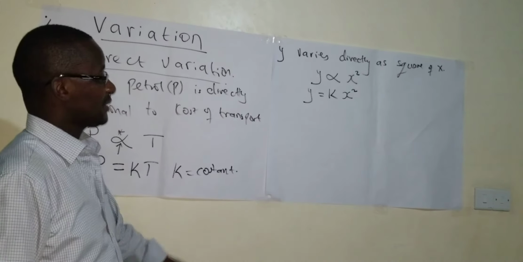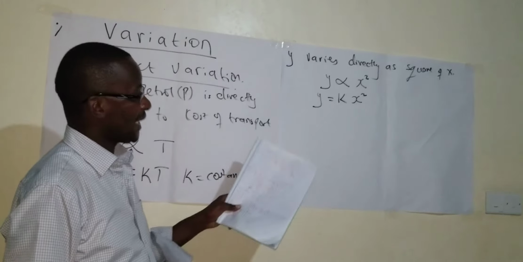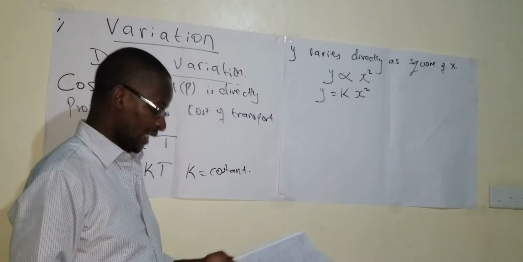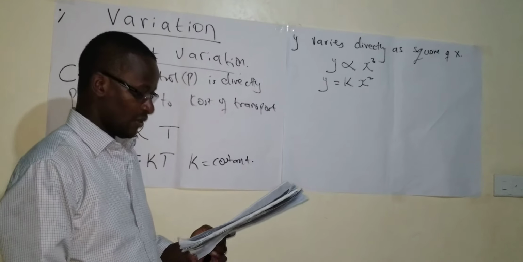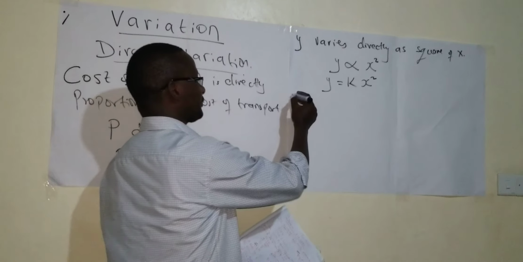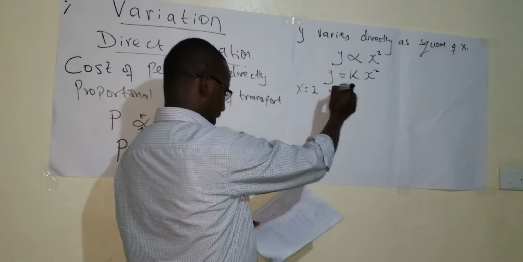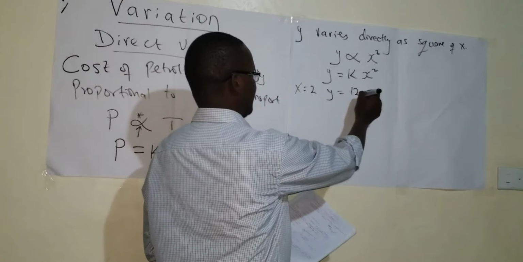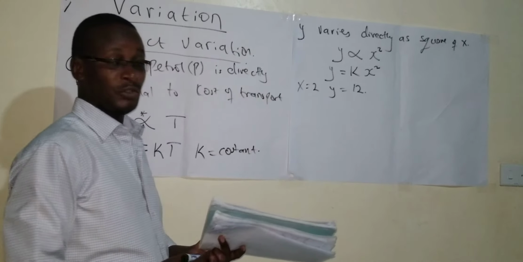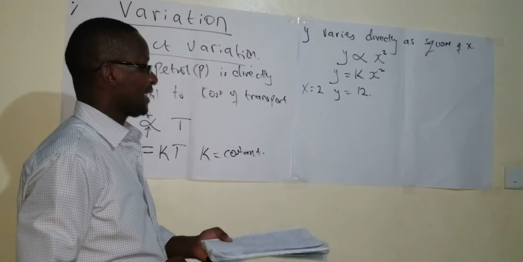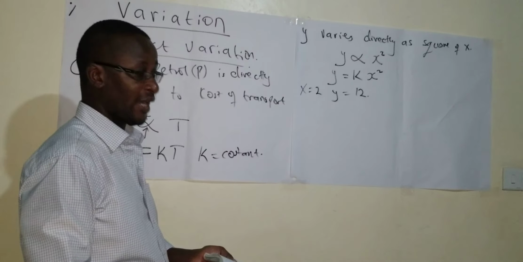So with that, when you're given more information about y and x, you can be able to get k. For example, here you are told when x is 2, y is 12. So for you to find the equation connecting y and x, you must find the value of k.